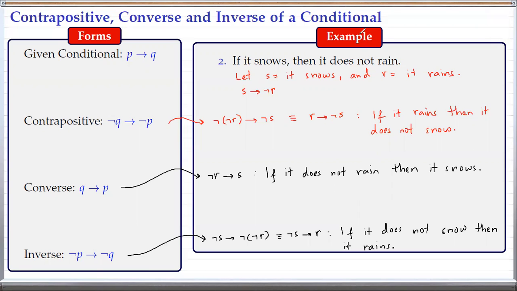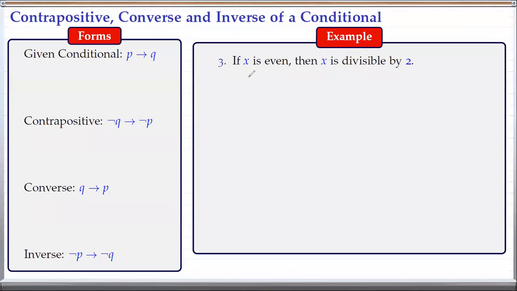Let's look at the next example now. If X is even, then X is divisible by 2. Let's denote the statement X is even by E, and the statement that X is divisible by 2 by D. So we are given E implies D. For contrapositive, we flip the direction and negate both of them.